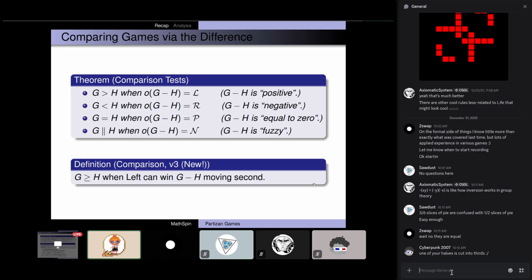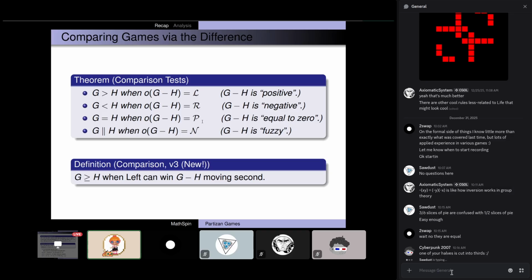One thing we can do that I think I may have said in passing, but definitely wasn't on the screen before, is now that we know this, we can make a new definition. So G is greater than or equal to H if we read off those two rows of the above, that's L or P. Well, L is Left wins no matter who goes first, and P is Previous wins no matter who goes first, or rather, the second player wins no matter who goes first.